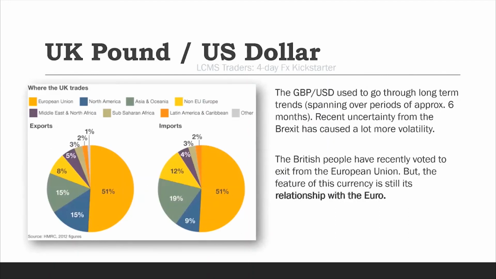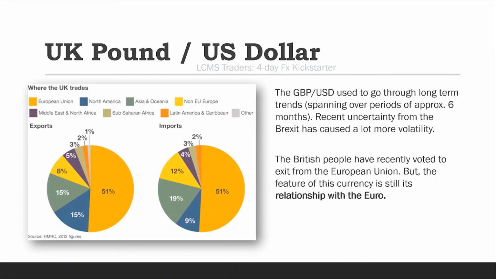Then we have the pound US dollar, the UK pound against the US dollar. As we all know, the UK is going through Brexit at this point in time. And based on the recent uncertainty that Brexit has brought to the pound, we've seen a lot more volatility in the pound dollar.